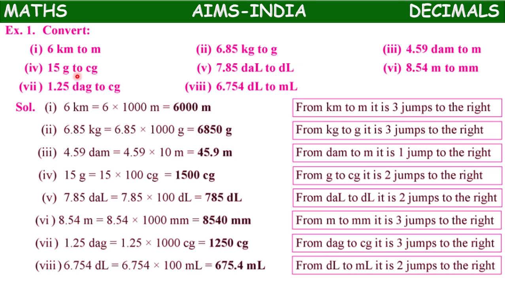Next, 15 grams to cg. Here we are having 15 grams, and we have to convert into cg. What is cg? Cg means centigram.